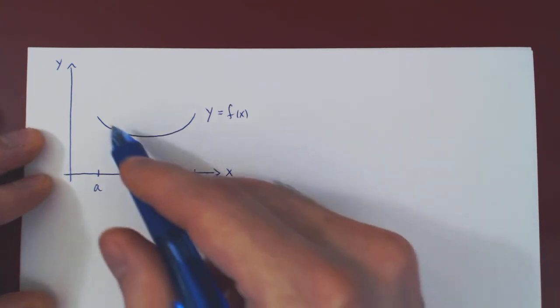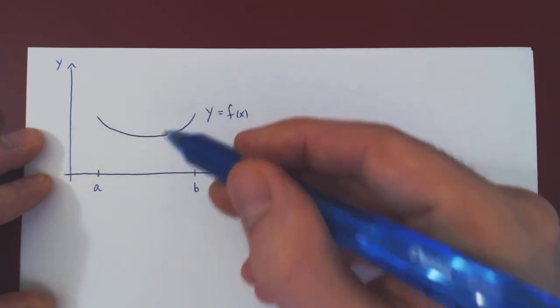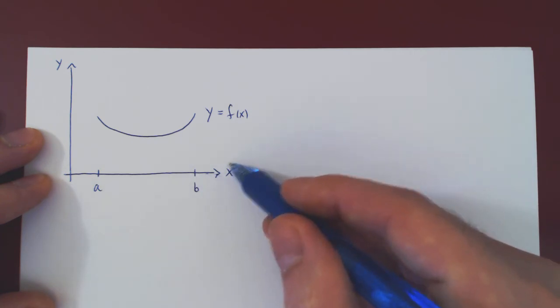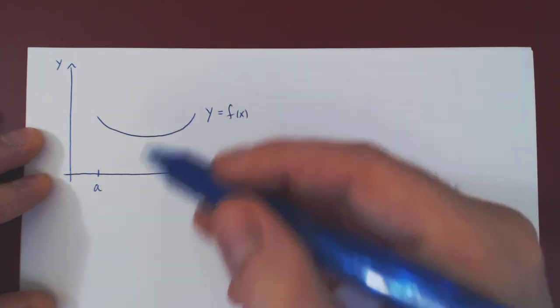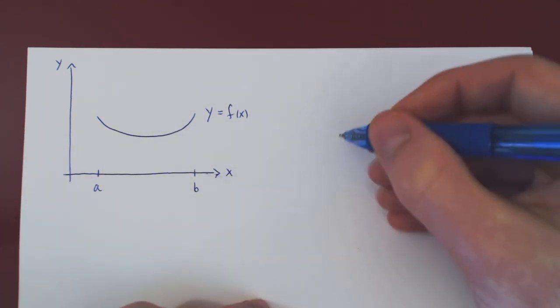Now you can imagine if we revolve this curve all the way around the x-axis, this will generate a surface, what's called a surface of revolution. So let me draw it here.